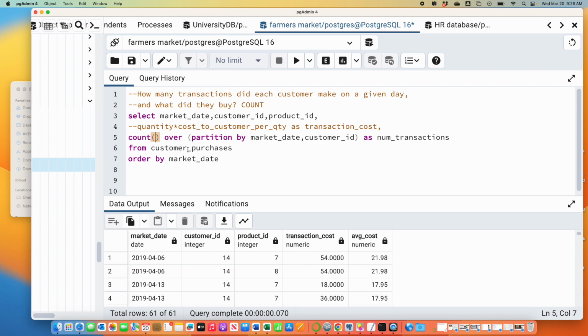Now here, we have to think about what to count for different transactions. John suggested this, and in some circumstances that might work. You can see why you might want to count this. However, if the same customer buys the same product, which happens in this database, like if I buy product 7 a bunch of times, if I'm just counting product ID, I'm just counting those 7s.